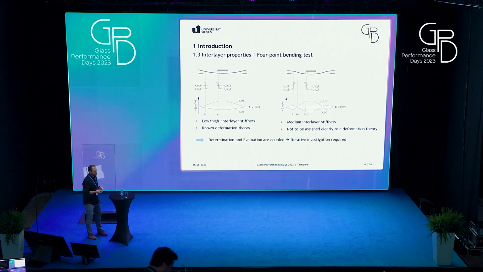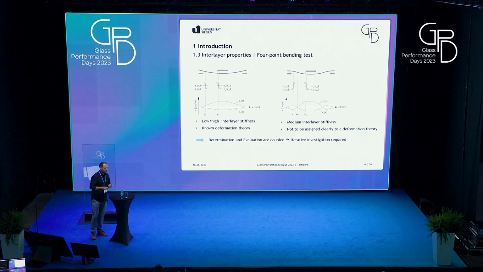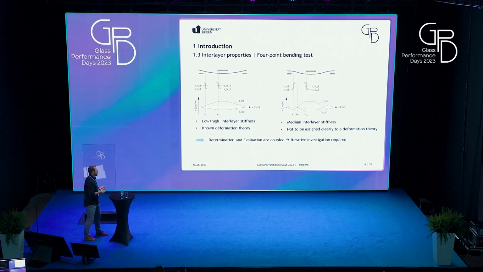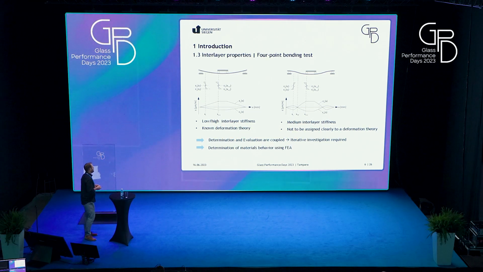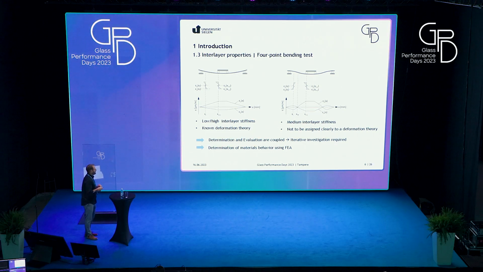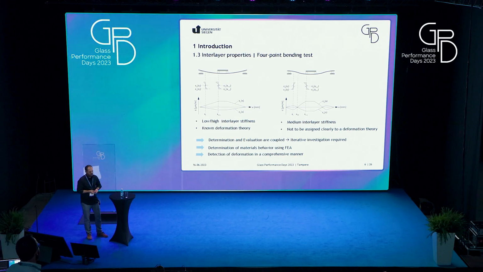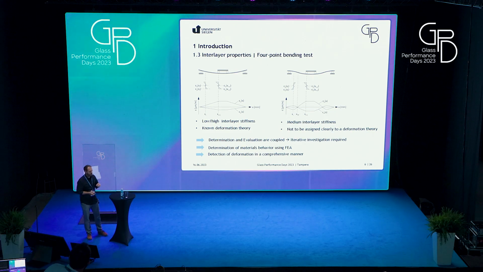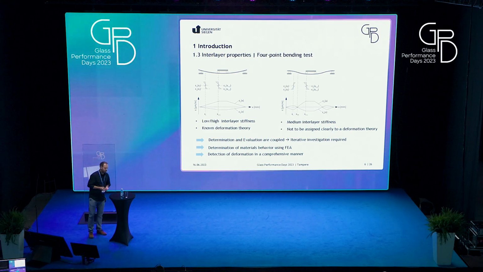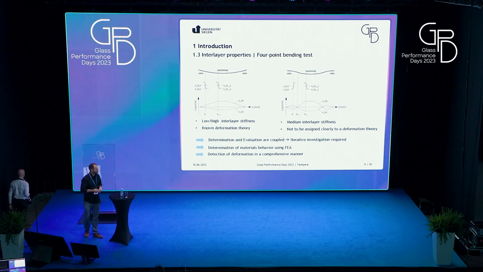An iterative investigation is required. You have to do some loops to evaluate your model. So the determination of the material is done using FEA, and the detection of the deformation has to be done in a comprehensive manner, not dot by dot, over the entire beam axis.